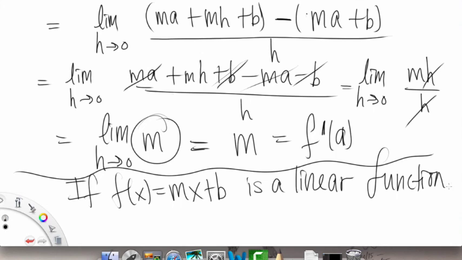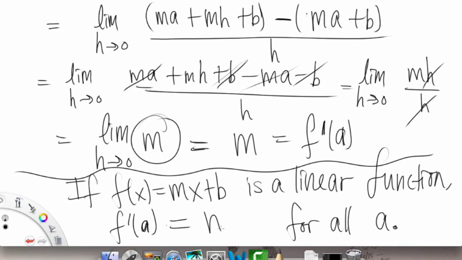Then f prime of a, so the derivative at every point, so the derivative for all a, is going to equal m, just the slope of your line already. Okay, so that's our important conclusion at the bottom there.